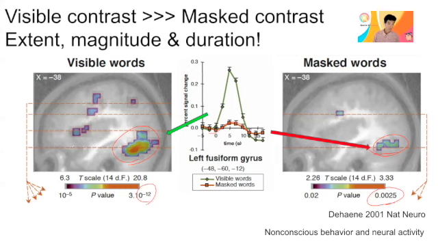Also, multiple frontal and parietal areas are missing here. And even though this part looks similar in terms of color, the blue or green here is like 10 to the minus 2, but this one, for example, is already 10 to the minus 5. So not only the fusiform gyrus, everywhere else there is a much stronger response when you see visible words. That's the conclusion.